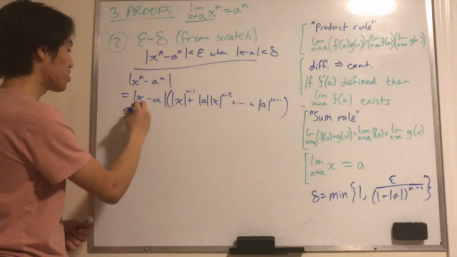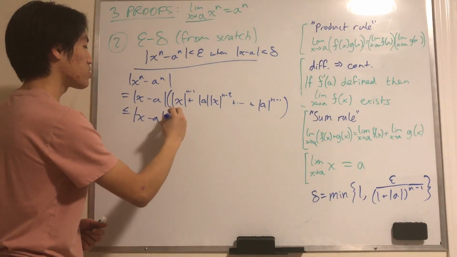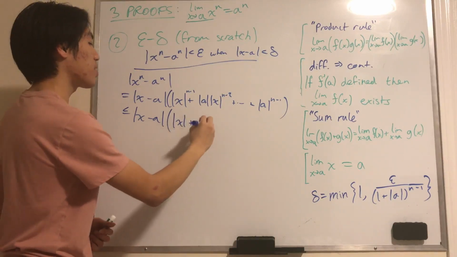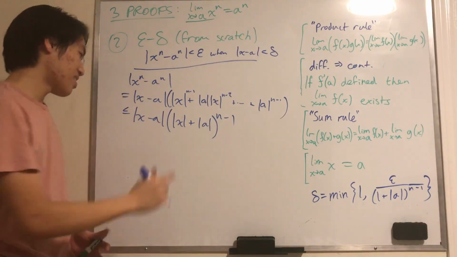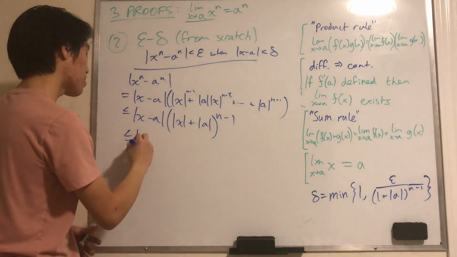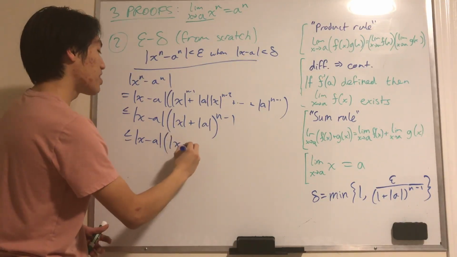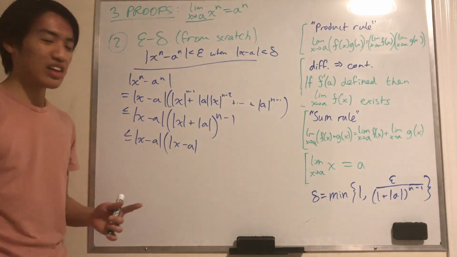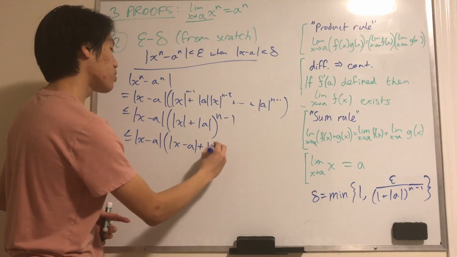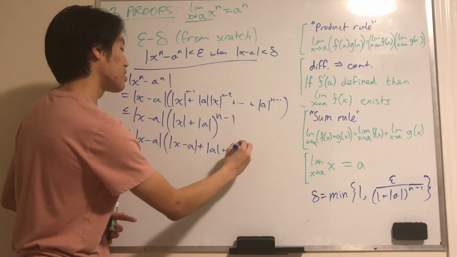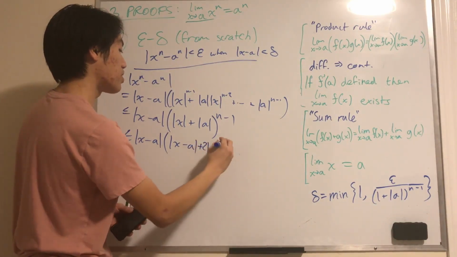This is going to be less than or equal to absolute value of x minus a times absolute value of x plus absolute value of a, all to the power of n minus 1. And this is going to be less than or equal to absolute value of x minus a, absolute value of x minus a again. Remember, we really like that because we can control it. Plus absolute value of a plus absolute value of a. And I'll just rewrite that as 2 times absolute value of a for brevity.